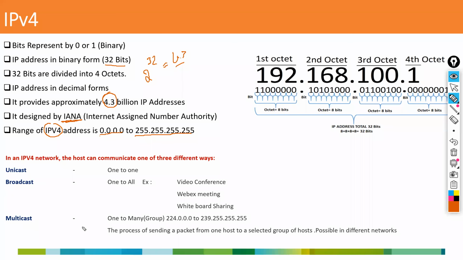Here it has given some IP addresses, 224.0.0.0 to 239.255.255.255. This is a multicast IP address range. We'll discuss later where exactly we use this multicast IP address in networking. So this is about the IPv4 address. Any doubts?